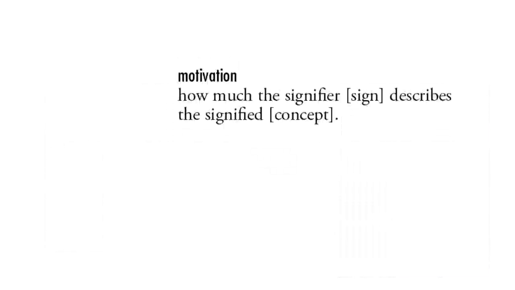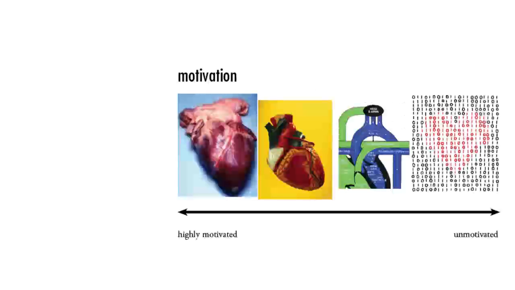So motivation, in terms of semiotics, is how much the signifier describes the concept, or describes the signified. So it's about that relationship and the closeness of the relationship between the signifier and the signified. Here's a kind of a scale or a range of motivation.